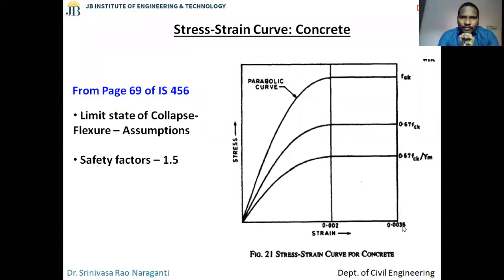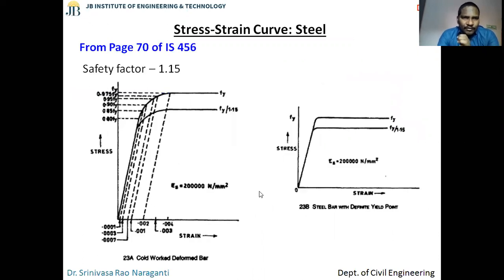Similarly, let us look at the steel stress-strain behavior. Again, it is available on page number 70 of IS 456. Here, usually we take a strain value of 0.002, but the maximum stress allowed is the fy value, the characteristic yield strength of steel. There are two graphs there.